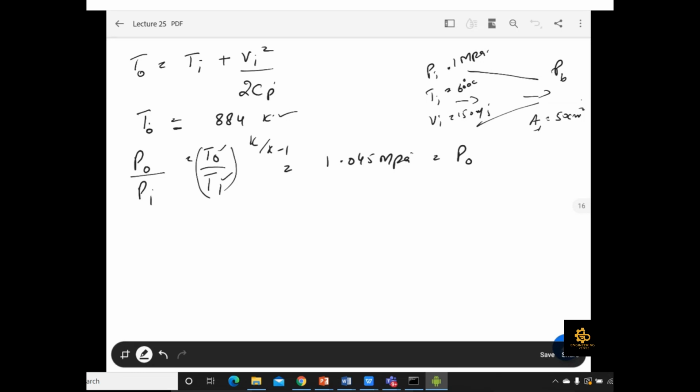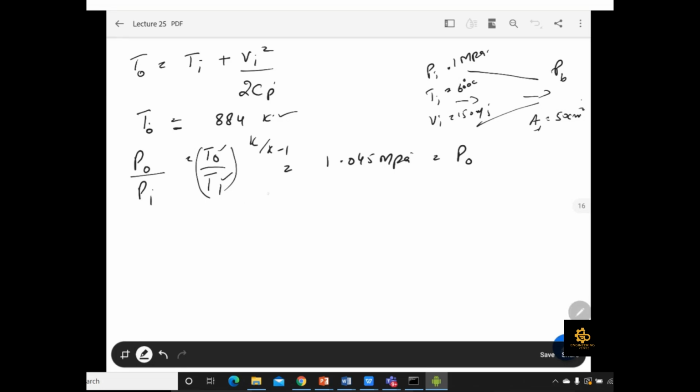First thing, for parts A and B, you have to find P star by P naught, because our main target is to find the mass flow rate. If we do not know the P star or P naught value, we cannot judge whether our flow is maximum or what type of equation we have to plug in.